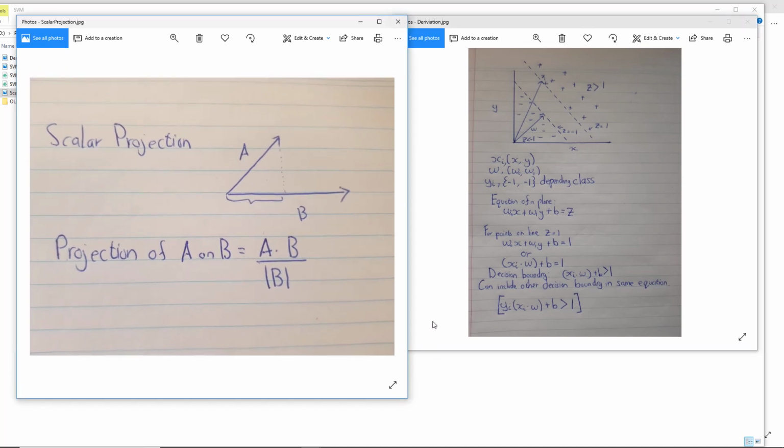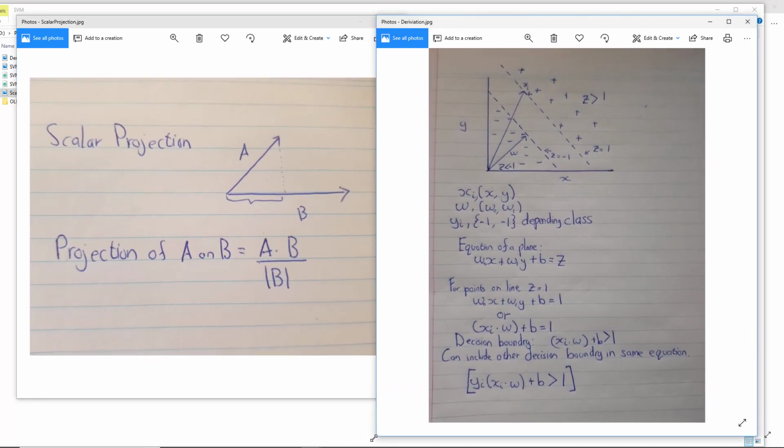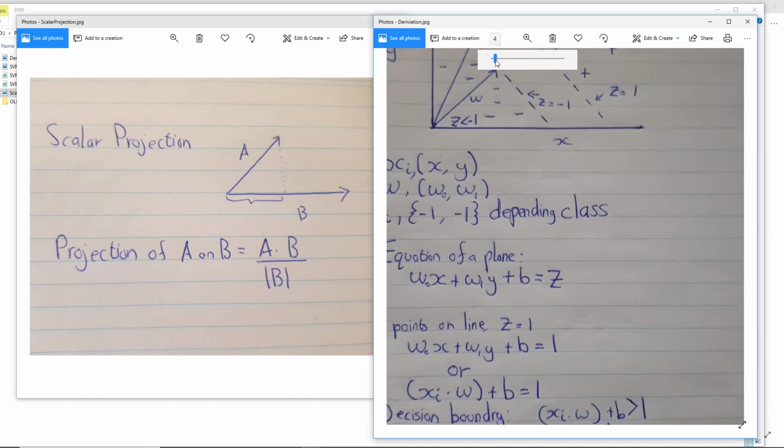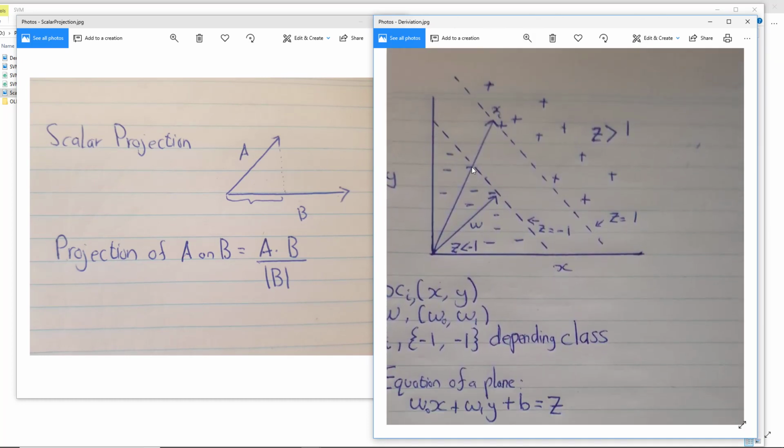I haven't drawn it here, but imagine we have two points on the line as the objective. We want one data point on this line, and we want another data point on this line. And that's basically going to be our A. Our A is going to be the vector that connects this line to this line. Any vector, it's not important.